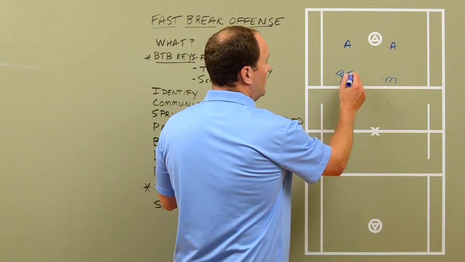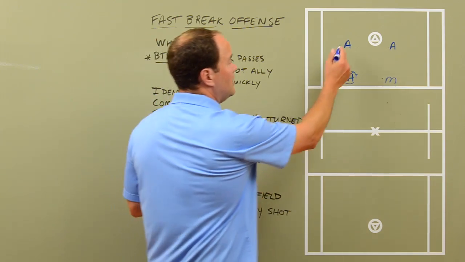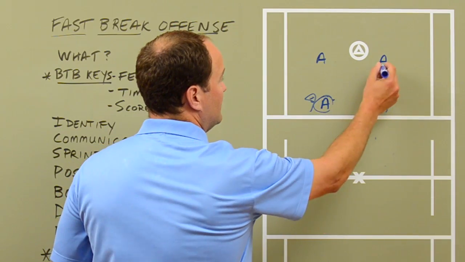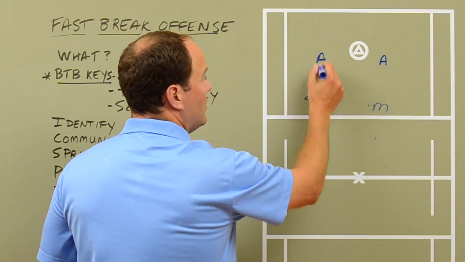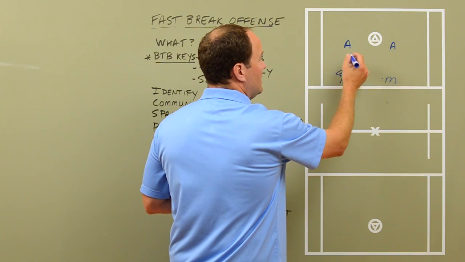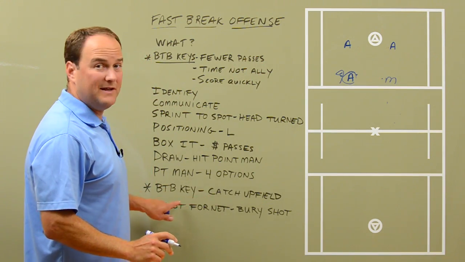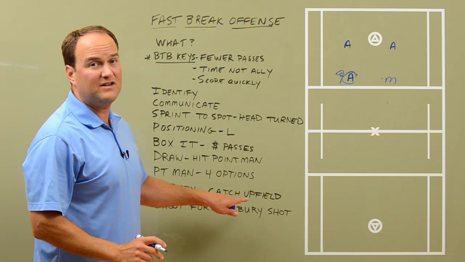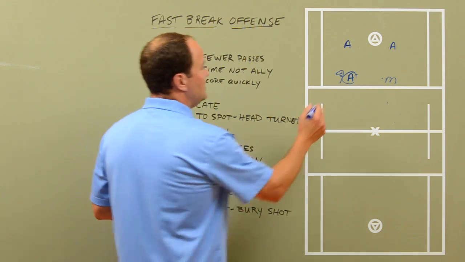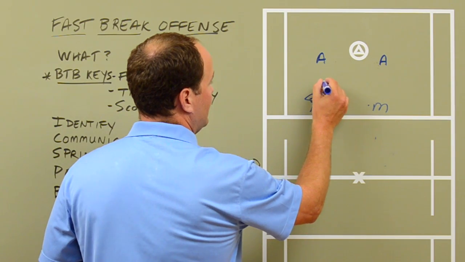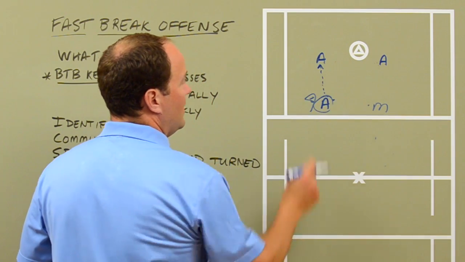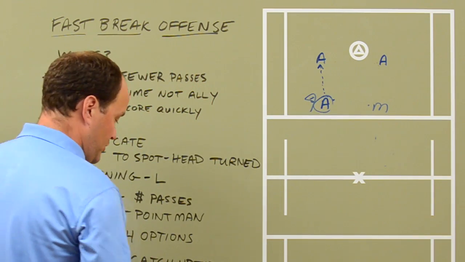All right, one thing to keep in mind with these two low attackmen, whether it's this diagonal pass or the pass down the side, and this is a BTB key, we want to make sure they catch the ball coming up the field. So as we pass, let's use this as an example, pass it down the side. We don't want to just stand flat-footed and catch and shoot.